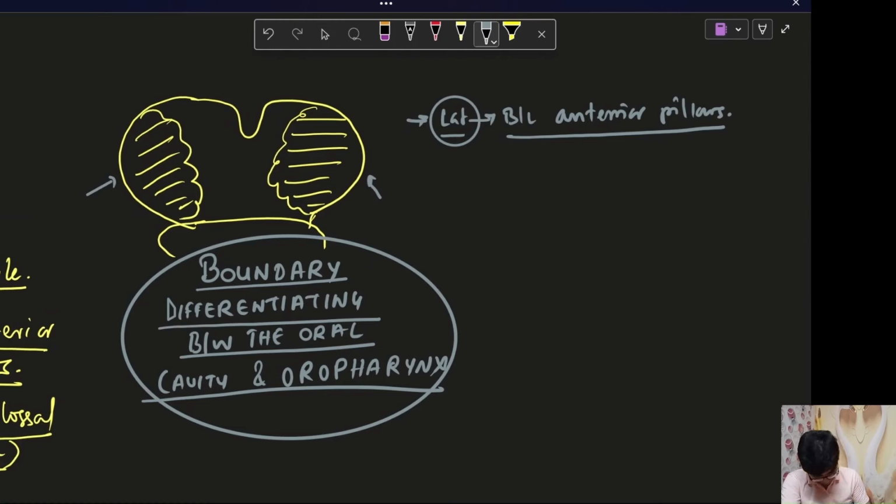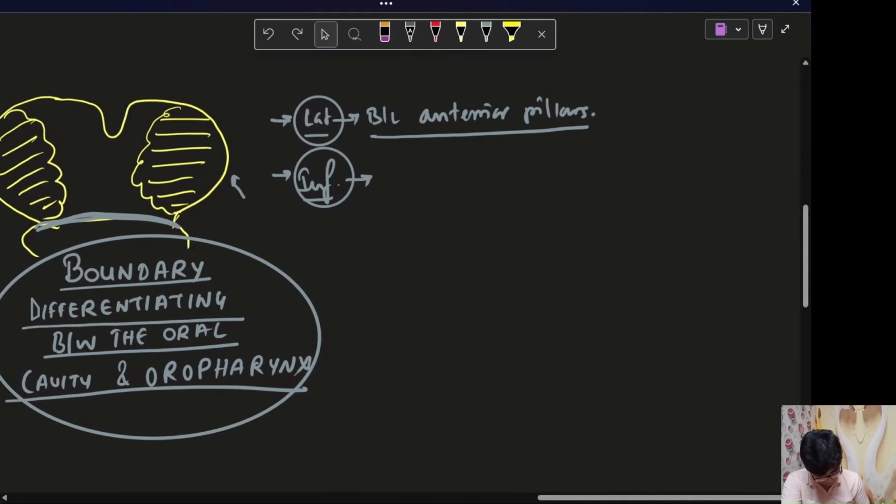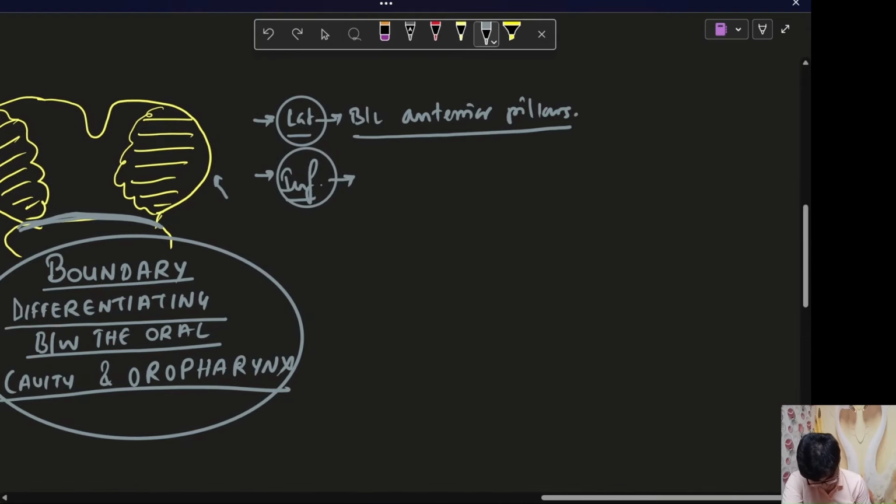Then below, that is inferior. It is this very area where the base of the tongue starts and the anterior two-thirds of the tongue ends.